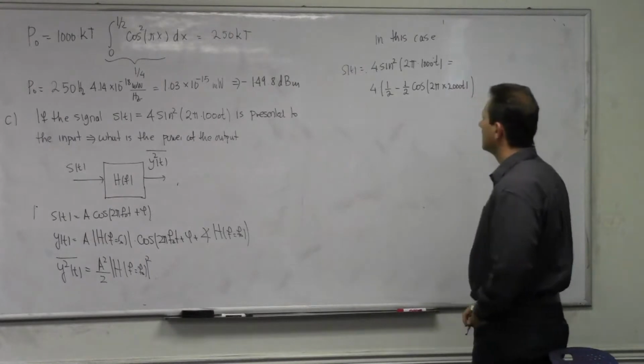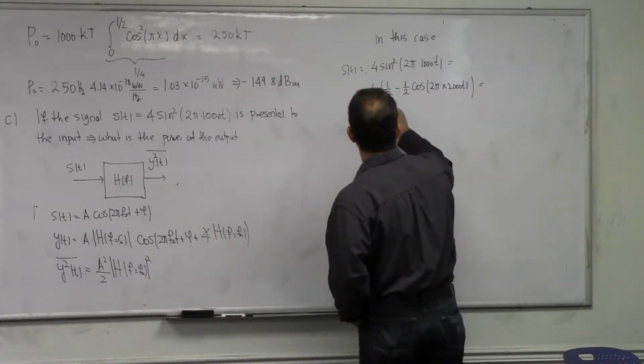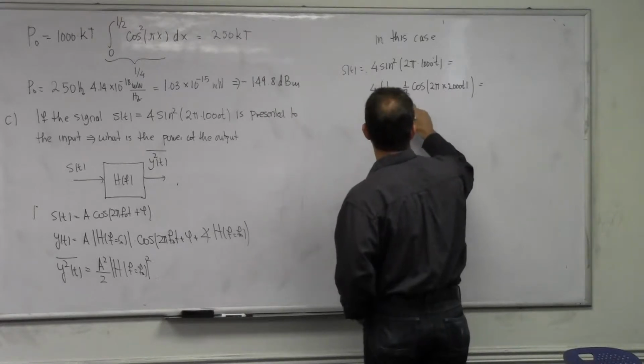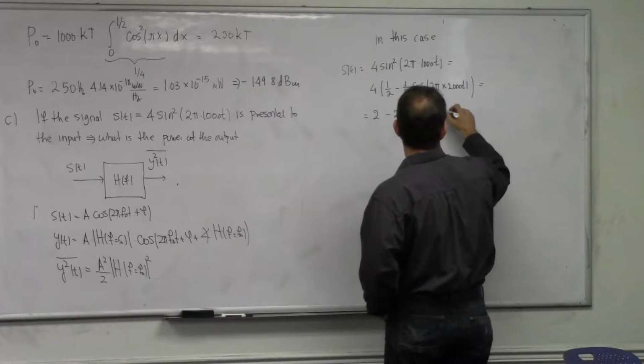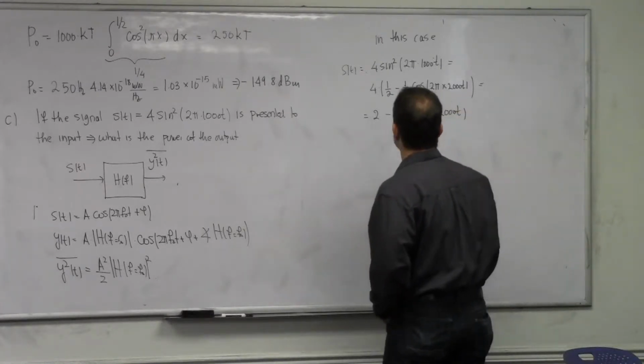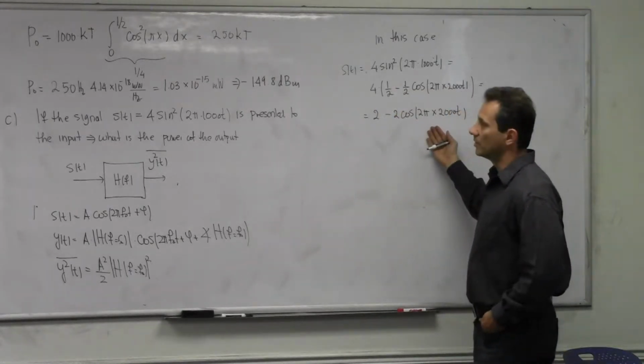So you have two components. Let me take one step further. One is the DC component: 2 minus 2 cosine 2 pi times 2000 t. So this filter is now going to affect both of these components.